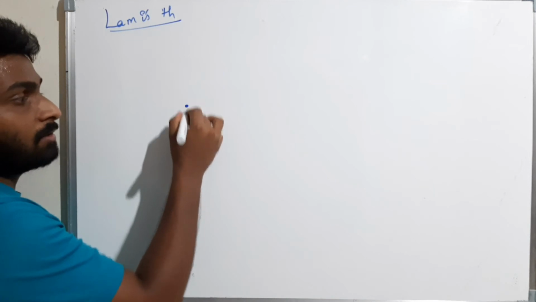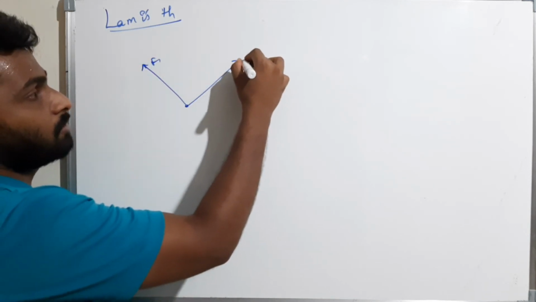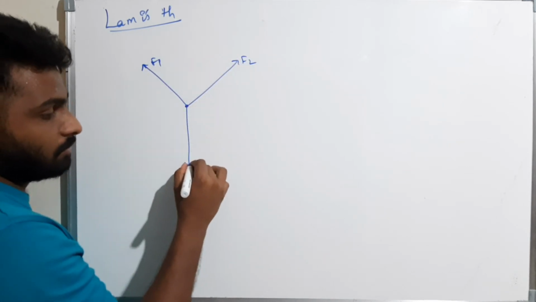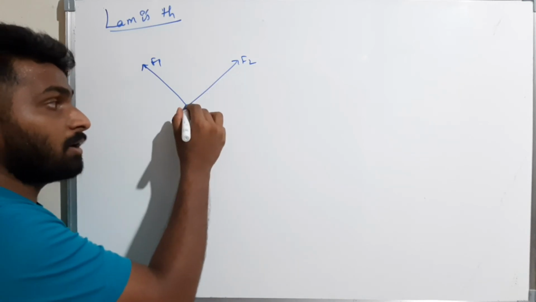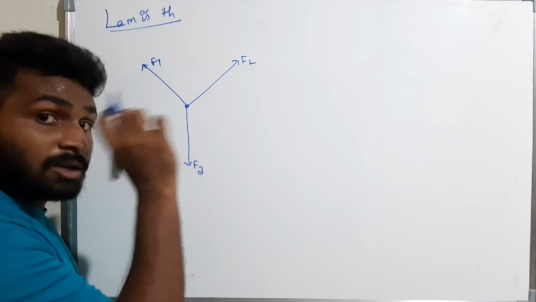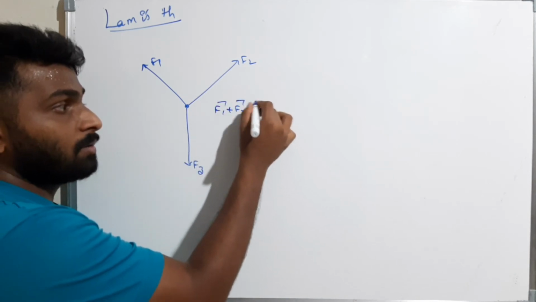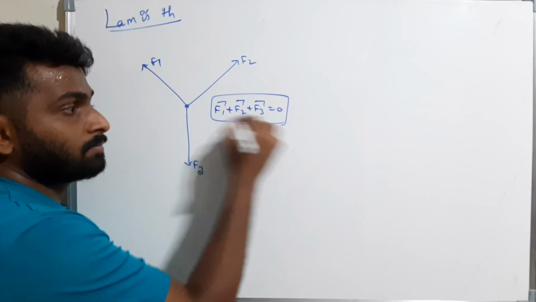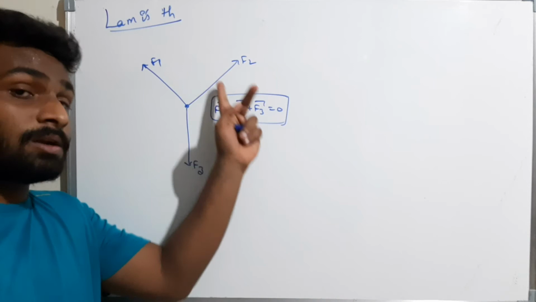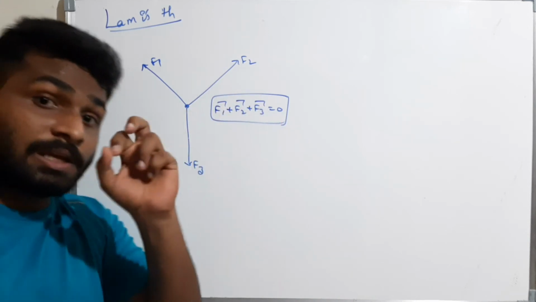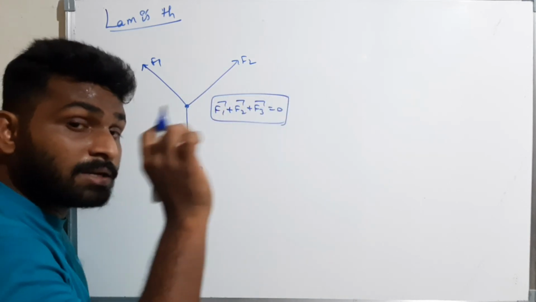That means if this is the particle and three vectors are acting on it, F1, F2 and F3, and the particle is in equilibrium, then F1 bar plus F2 bar plus F3 bar is equal to 0.